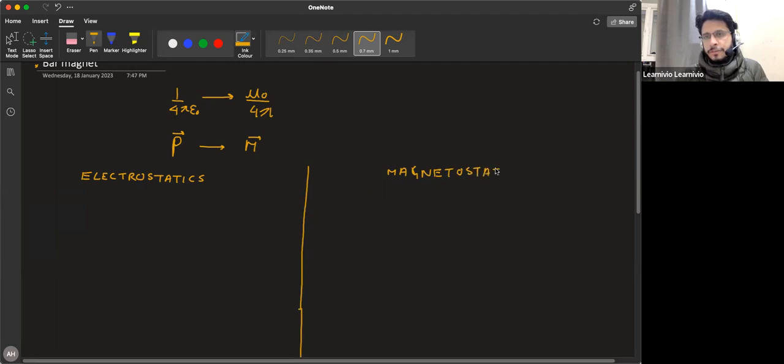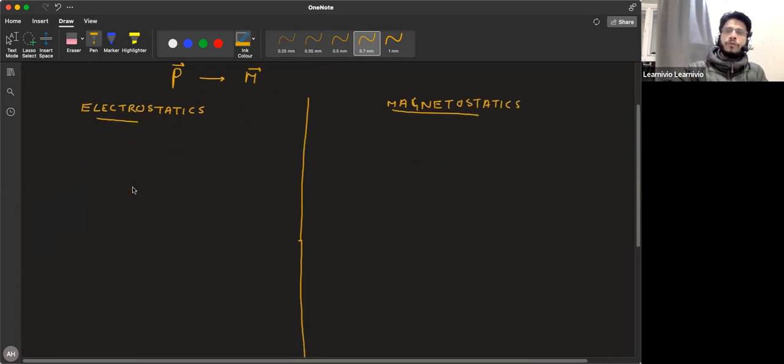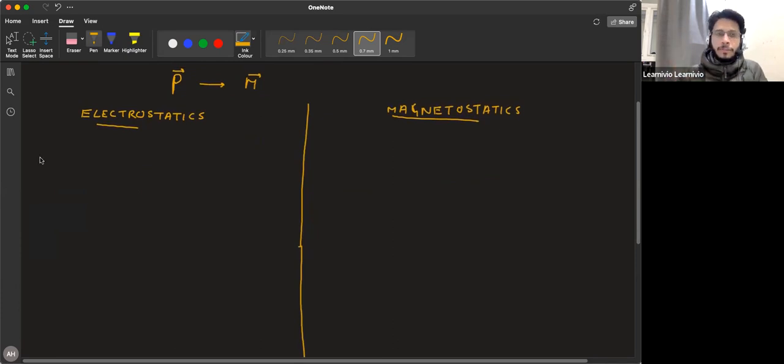Just like electrostatics was the study of electric charge at rest, magnetostatics is the study of a magnetic pole at rest. The first term in electrostatics is charge.